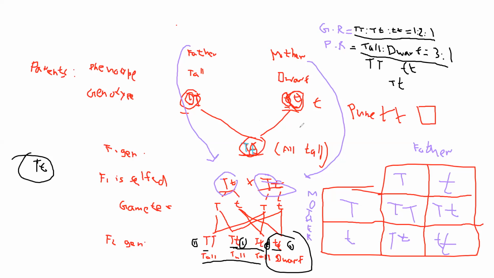The second one is the law of segregation. The parents were capital T capital T and small t small t. This capital T is not glued together or one attached structure.